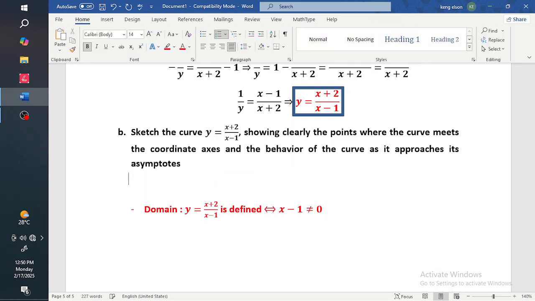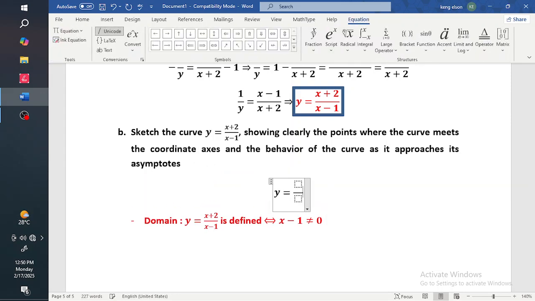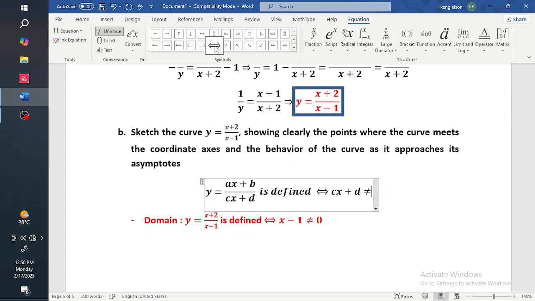If I give you a rational function y equals (ax plus b) divided by (cx plus d), this function is defined if and only if the denominator cx plus d is not equal to 0.